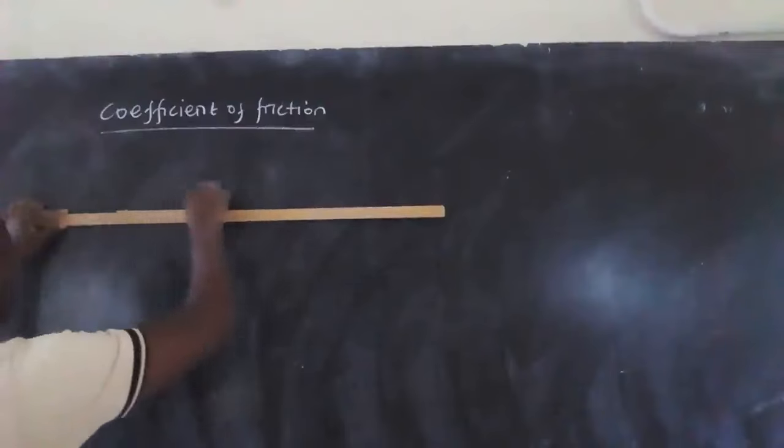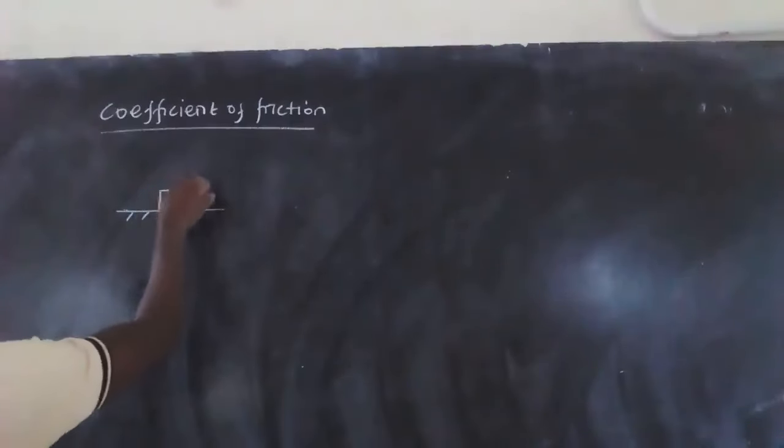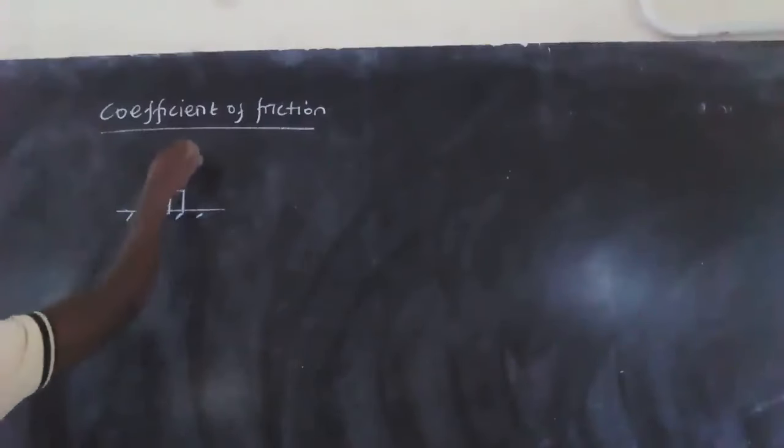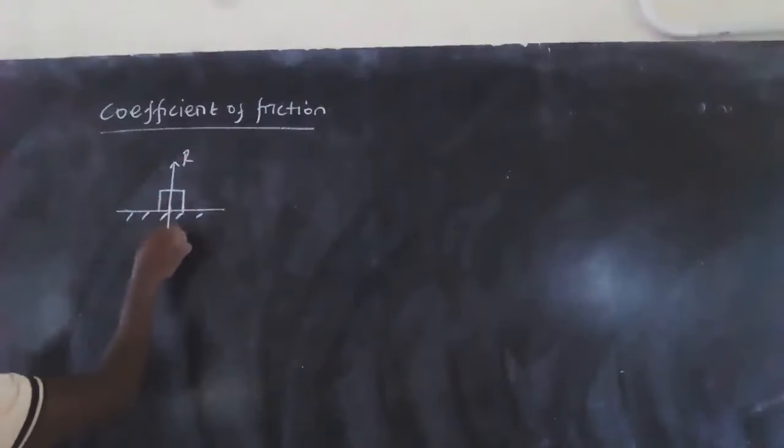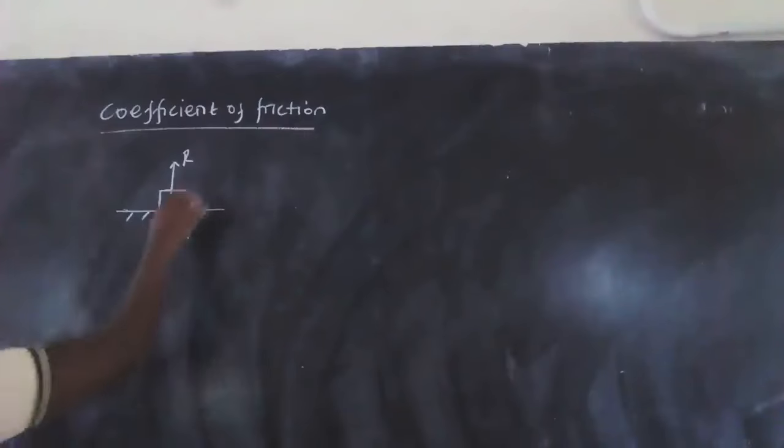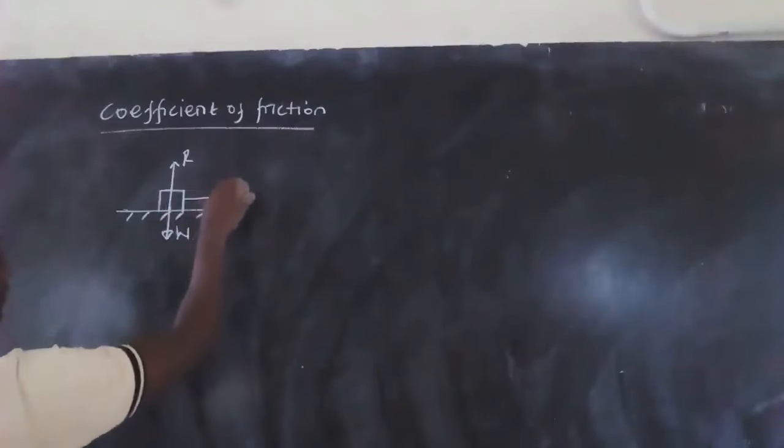Coefficient of what? Of friction. So supposing this surface is rough, this block of wood has normal reaction R and has mg, the weight, down here, and suppose this is the pulling force.